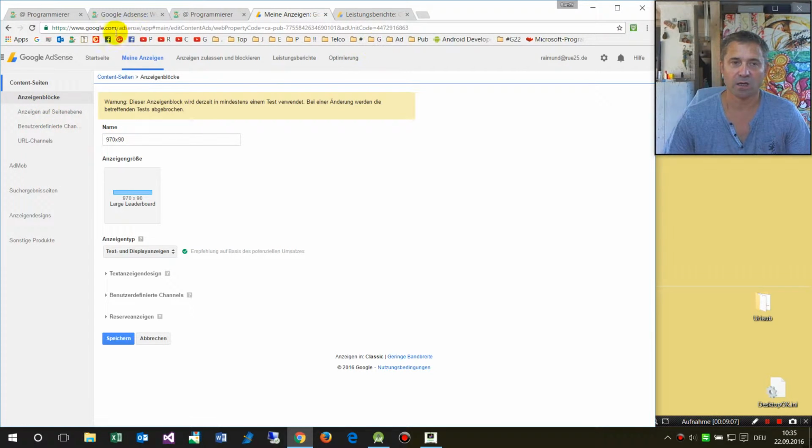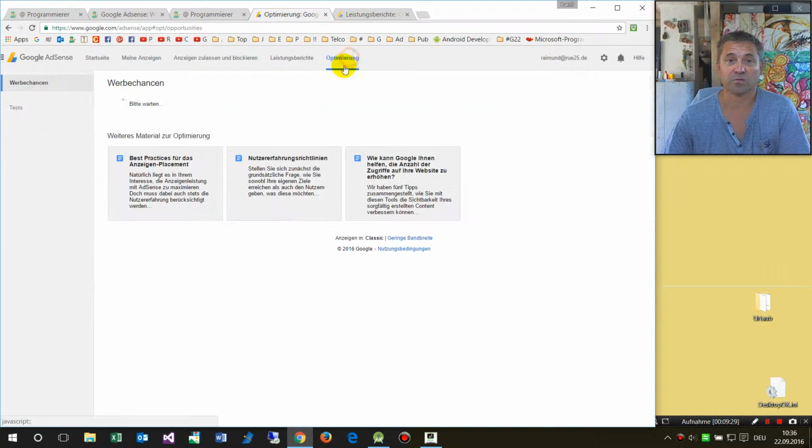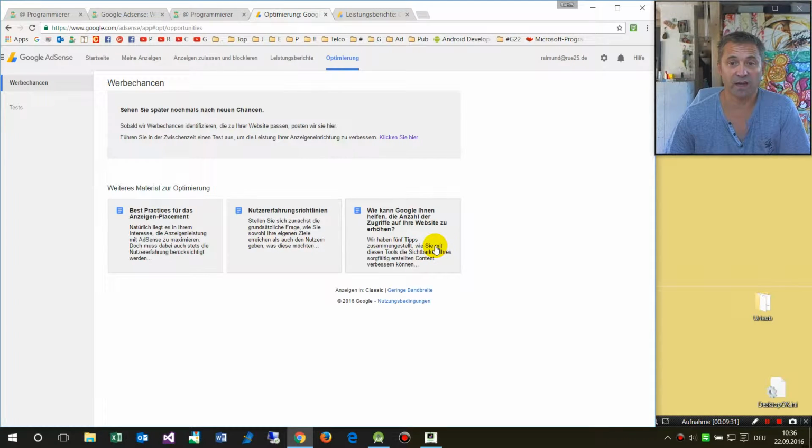So when you are at your advertising page from AdSense, the AdSense subsite or subcompany from Google.com, then you have your advertisings, and you have your optimization.